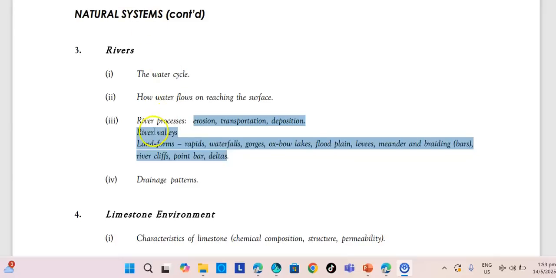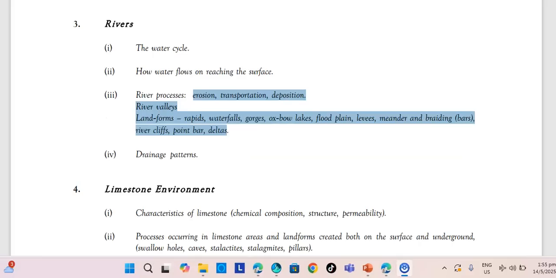Now we're going to look at river valleys. A river valley is the low area between hills or mountains where a river flows. Have you ever gone somewhere and noticed a river flowing between a hill or a mountain? That is called a river valley.